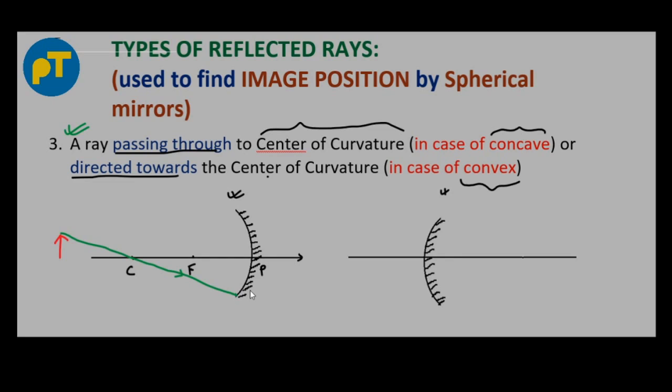Now this ray, in this case, will reflect back along the same path, with no deviation, because the line joining the center of curvature and the point of incidence is itself the normal at that point for this reflecting surface. So it bounces back along the same path.